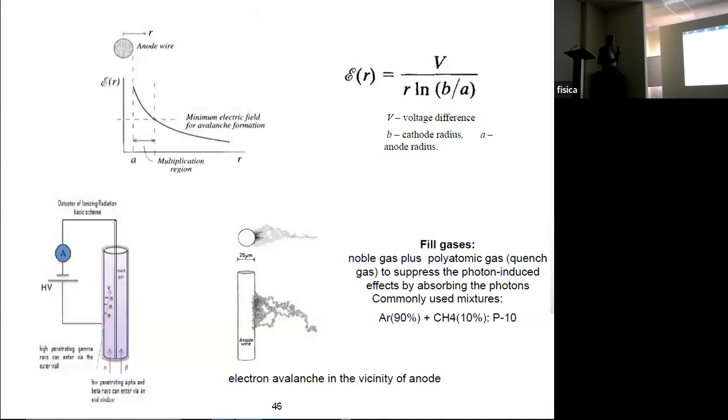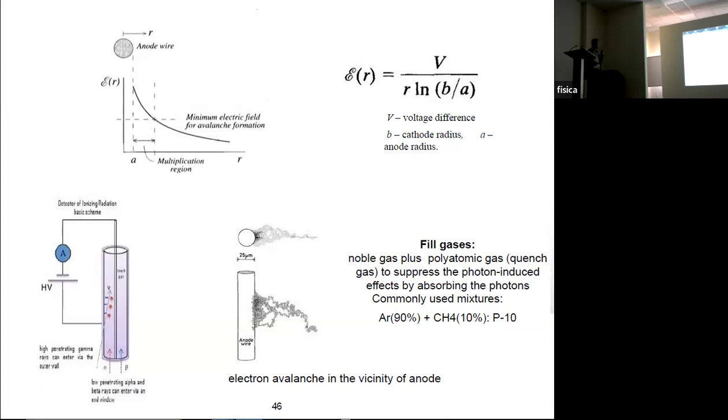we can really create a very strong electric field, because the electric field strength is governed by this equation. This is the applied voltage between anode and cathode. This is the radius, the distance at which we measure this electric field, and the natural logarithm of the ratio of the cathode radius to the anode radius.